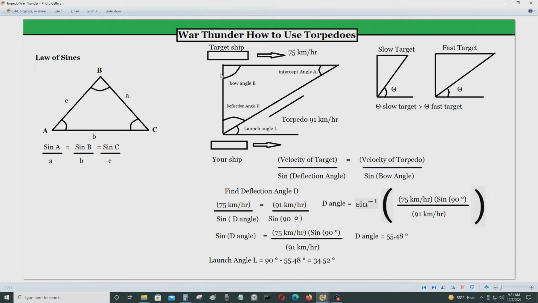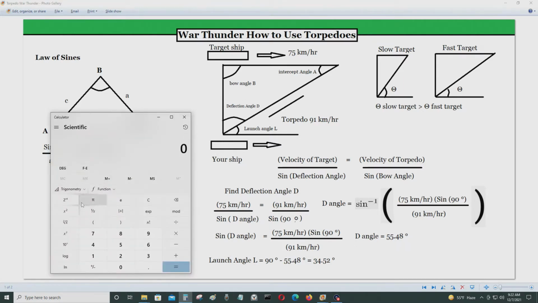And this angle is 90 degrees. It's a right angle. So I would put 91 divided by sine of 90 degrees is equal to 75 divided by sine of D, which is right there. That's what I want to find or solve for.